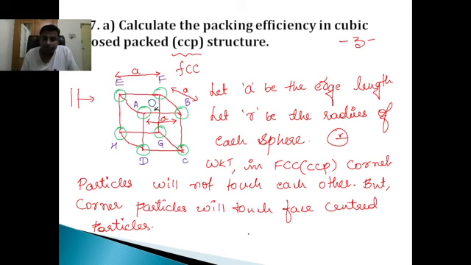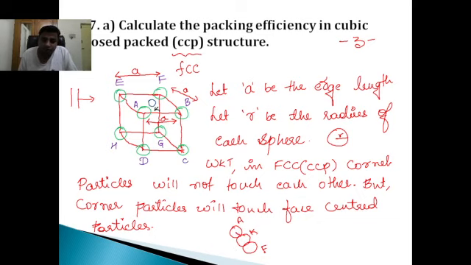That means A will touch K, K will touch F, just like this. This is particle A, corner particle. This is K, which is a face centered particle, and this is F, again a corner particle. So the corner particle will touch the face centered particle, but corner particles will not touch each other.